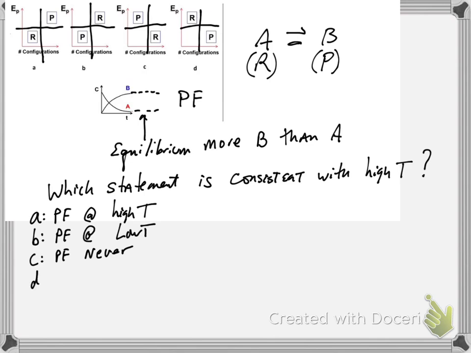C is never product favored because it's in the upper left, and D is always product favored. So in both cases we saw product favored behavior, only at high temperatures for option A, but always favored at high or low temperatures for D. So we had two different answers for this analysis.